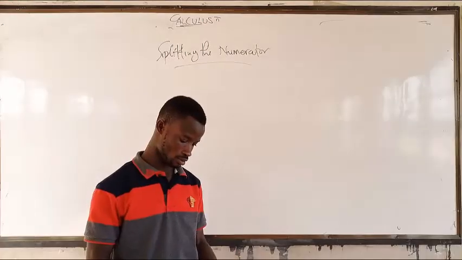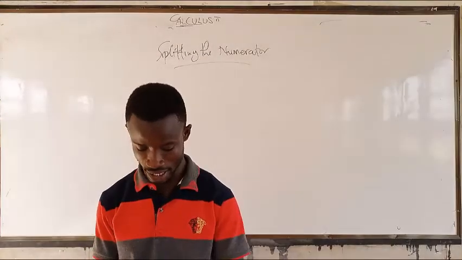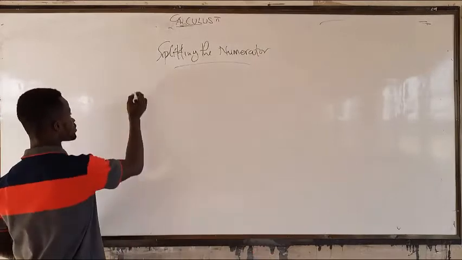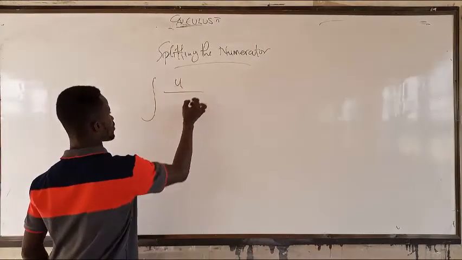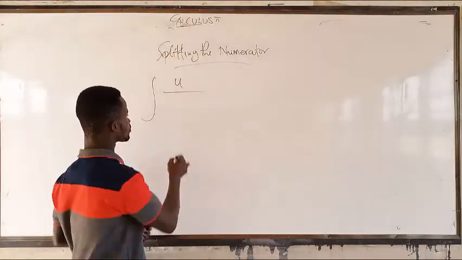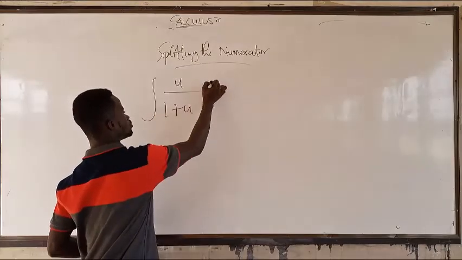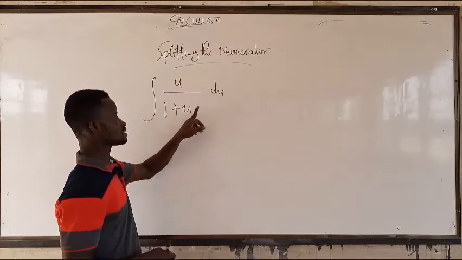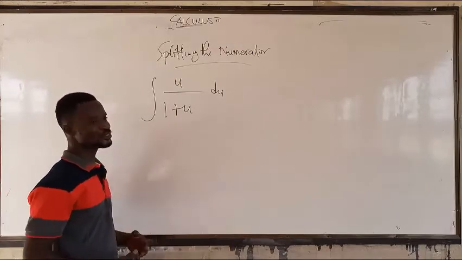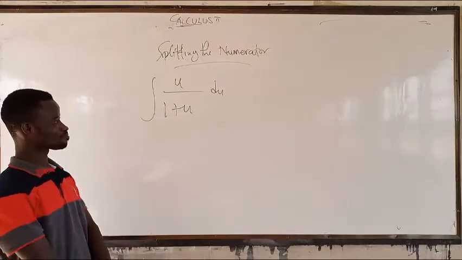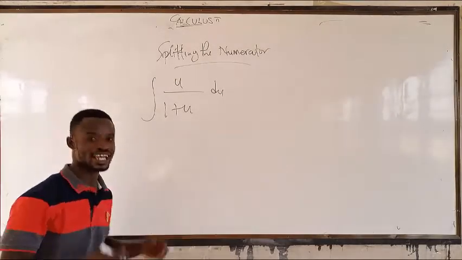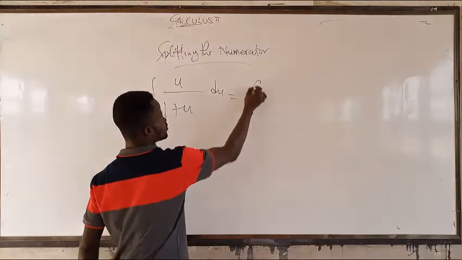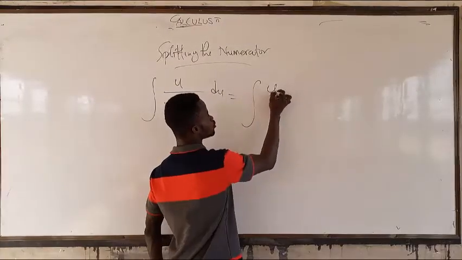Alright. There's one more here I want to add. Oh yes. When you have to integrate u over 1 plus u du, it doesn't matter, it can be s, and here will be s. How do you do that? Technique! Here, this is going to be the same as u.